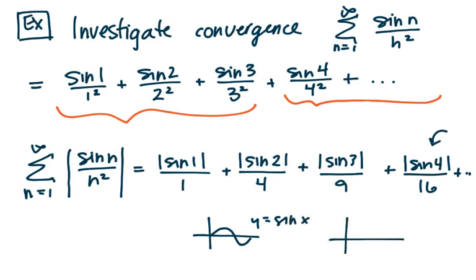But if we think about absolute value of sine, it's going to bounce back up. That would be y equals absolute value of sine x, right? So considering that, the fourth, fifth, and sixth terms would now be positive because we have a positive in the top divided by a positive in the denominator.